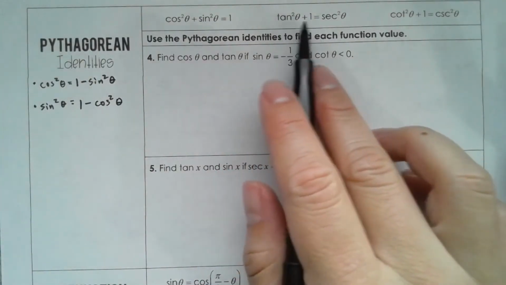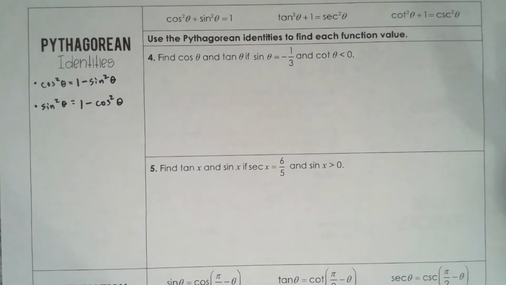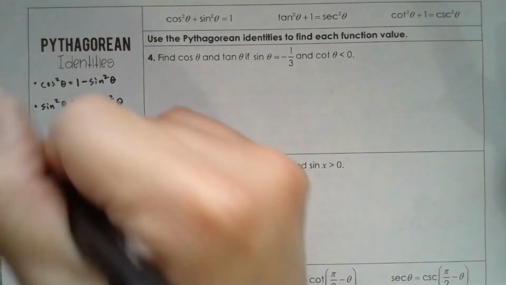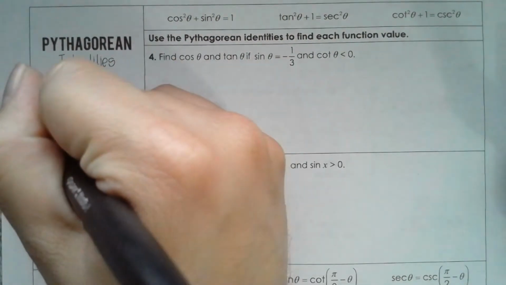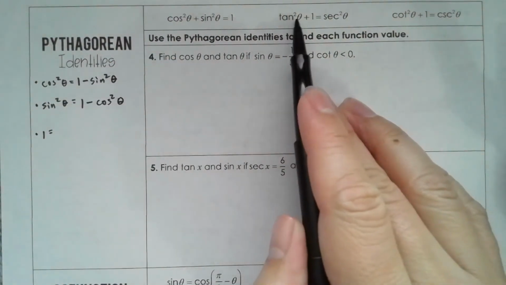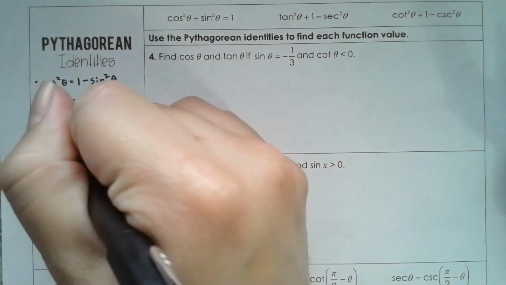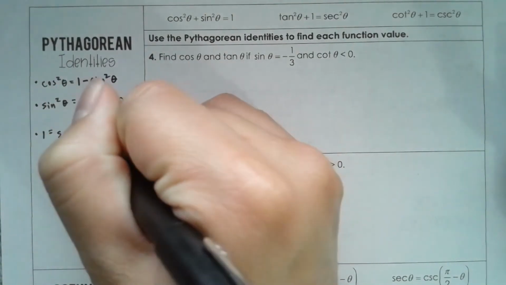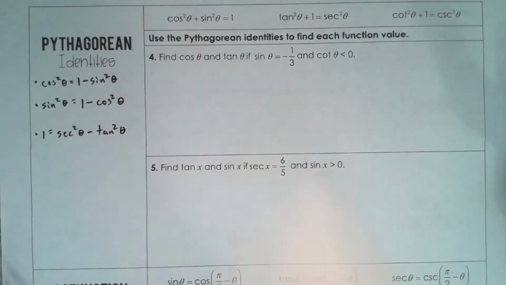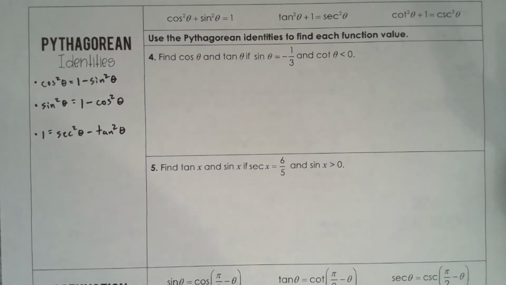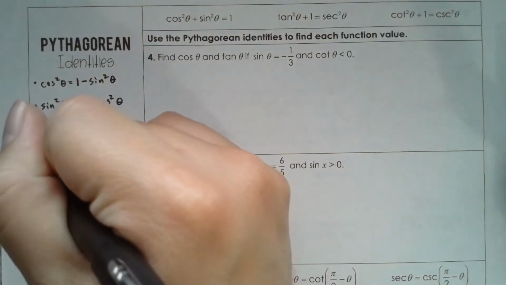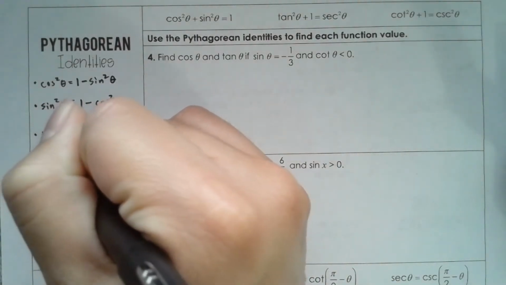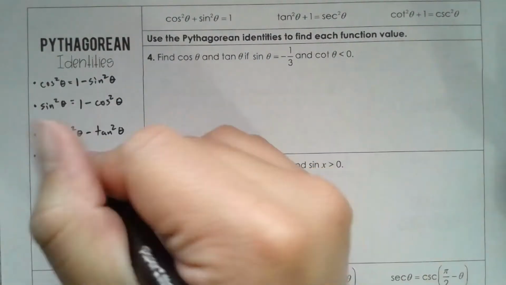If I subtract tangent squared theta from both sides, that'll give me 1 equals secant squared theta minus tangent squared theta. So that's an identity there. Another one I can get is tangent squared theta: if I subtract 1 from both sides, that'll be secant squared theta minus 1.